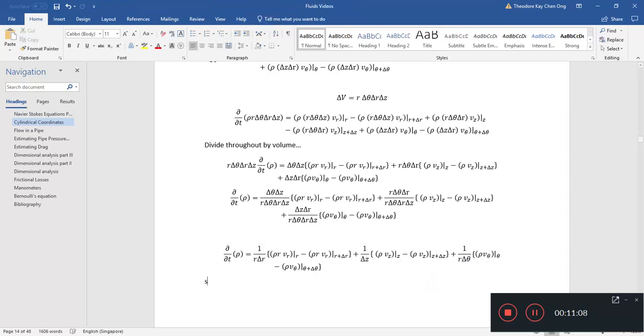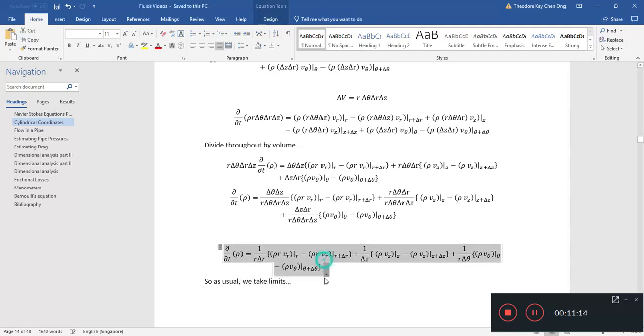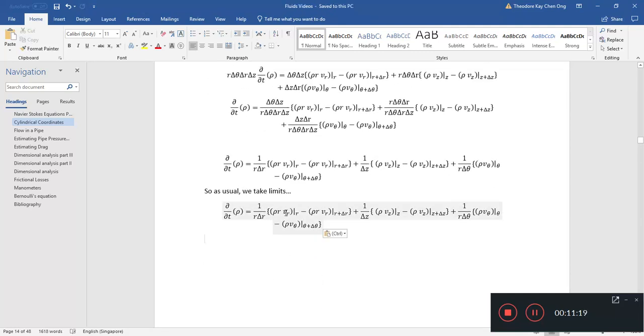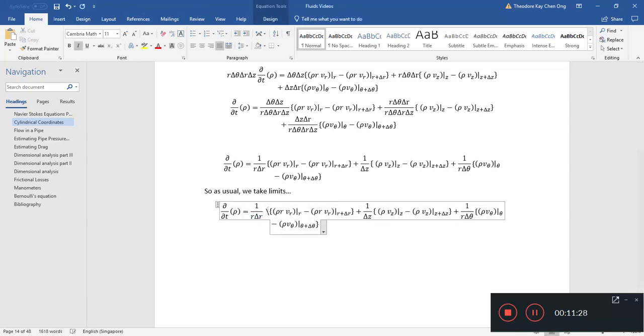Alright. So as usual, we take limits. That becomes this. This one will become a derivative of this term here, rho r v_r, so 1 over r, and then we'll just have this term over here.